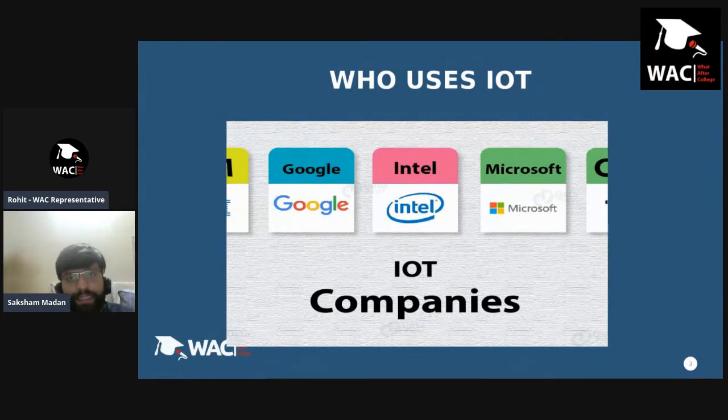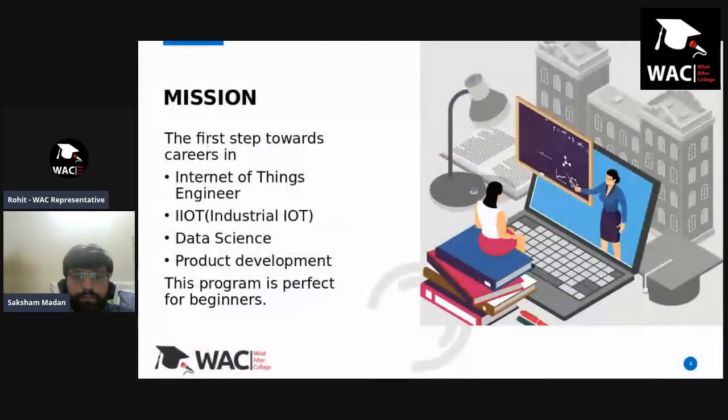It collects data from our body and transmits it to different cloud servers. Then basically our mission is a career towards data science, product development, IIoT, industrial IoT, and IoT.